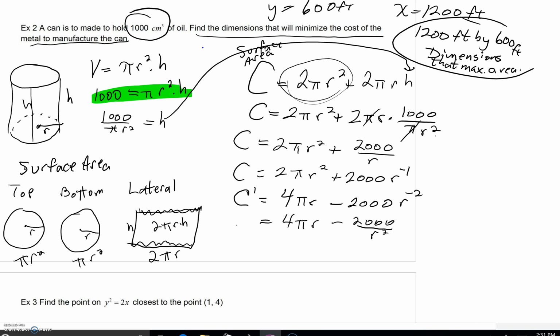And you might want to even set this equal to 0. Simultaneously, tell you what, I'm going to try to get a common denominator.